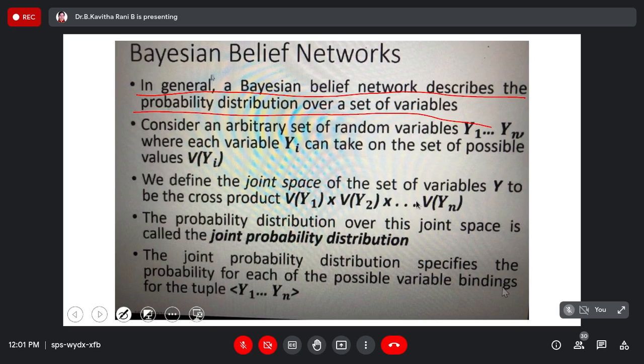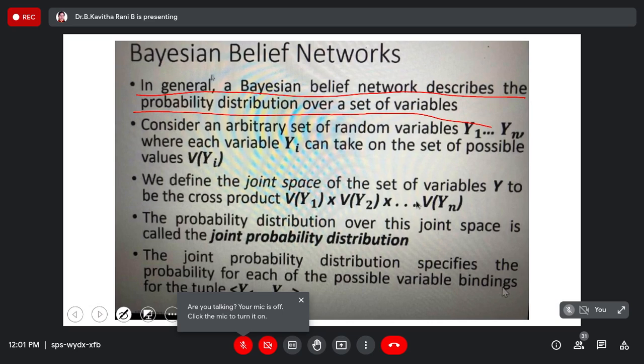If we have multiple variables, what is the probability distribution between them, so that some of them happen together and some of them are independent? That we have to see here, how we describe it. It describes it in that way, by using Bayesian belief networks.